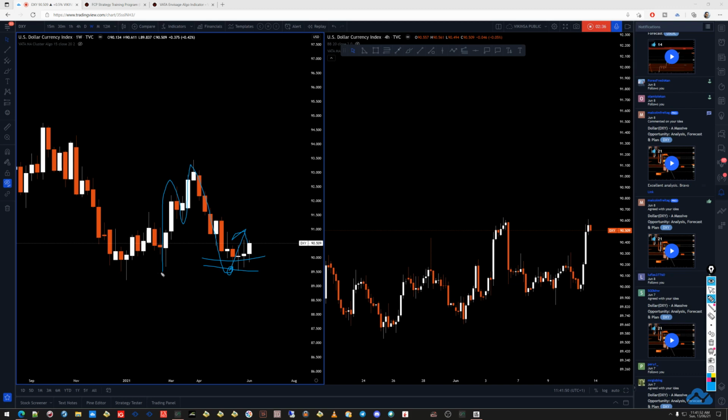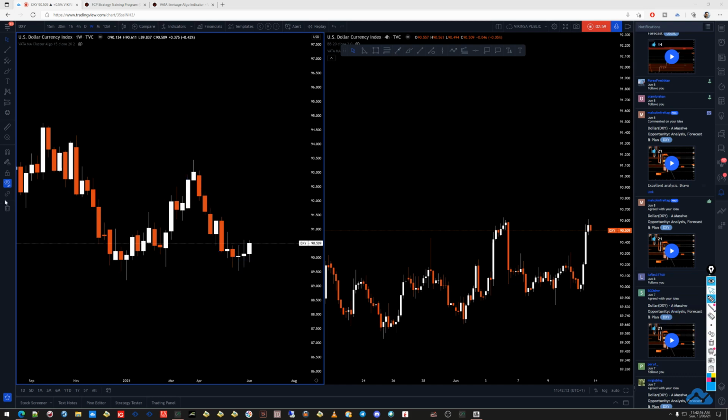But there are ways of measuring these M and W patterns, and there are specific rules that I follow to see which ones are tradable and which are not. So having said that, this is still looking bullish, but there is a possibility that it can go down because of that monthly pattern that we saw. Okay, so this is what we have on dollar, and this is what it has been doing.